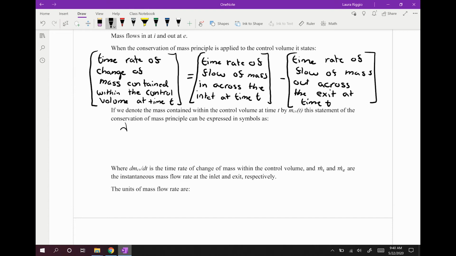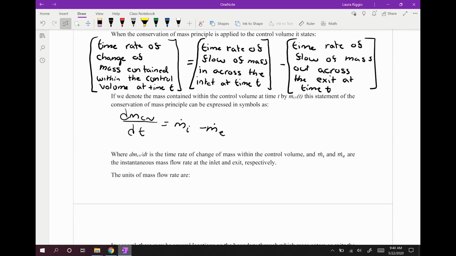If we put some symbols down, we'll have our rate of change of mass inside our control volume is equal to our mass flow rate in minus our mass flow rate out, where the dot above them denotes it's with respect to time, and that's how we denote mass flow rate. The units of mass flow rate are kilograms per second or pound mass per second.